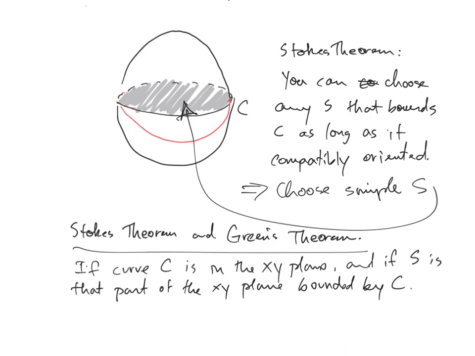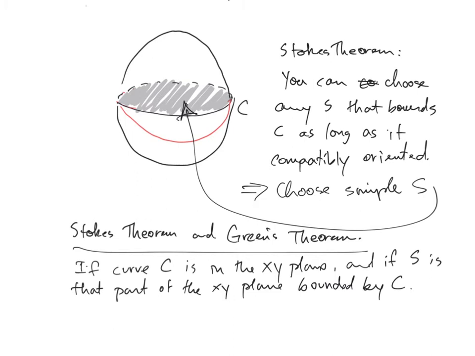So S is just the interior of that curve. C goes along the edge of a circle in the xy plane, and S is just the whole circle in the xy plane. Okay, and we orient them compatibly. C goes in one direction, and n hat for the S goes in the proper direction.